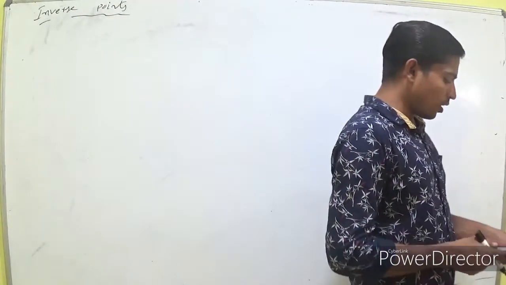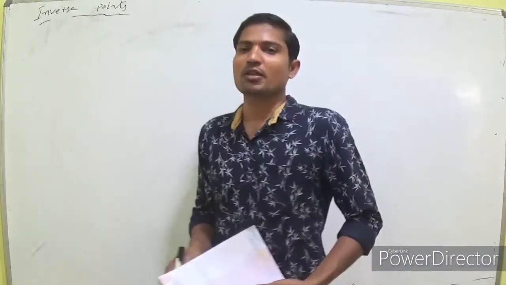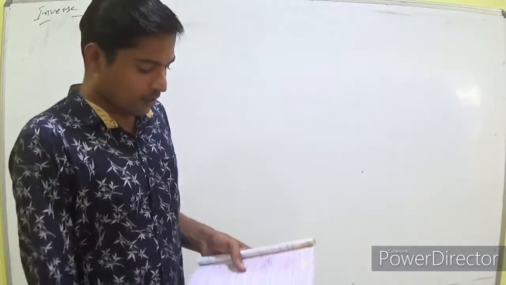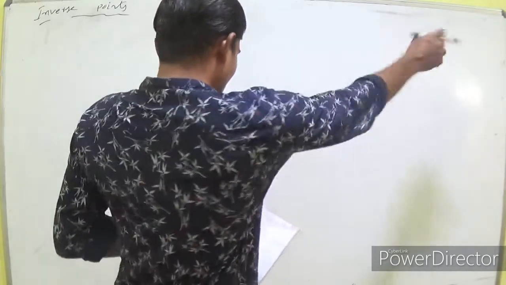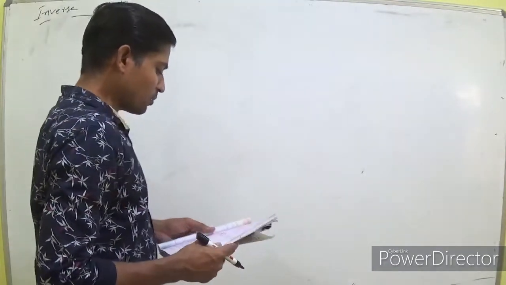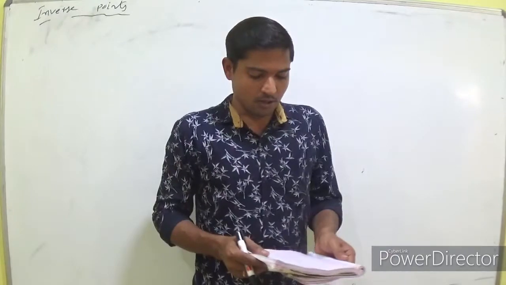Then P and Q are called inverse points with respect to the given circle. Q is called the inverse point of P and vice versa.